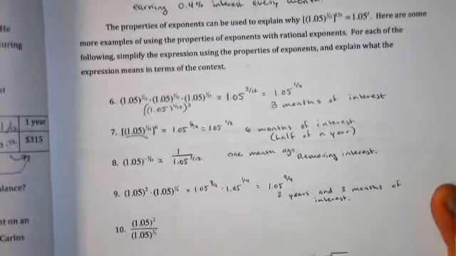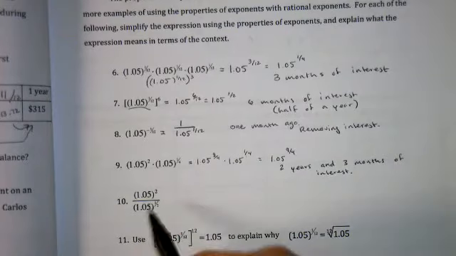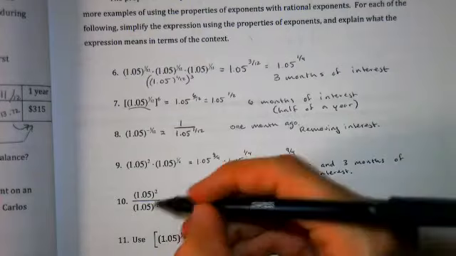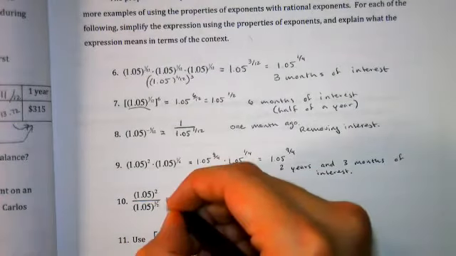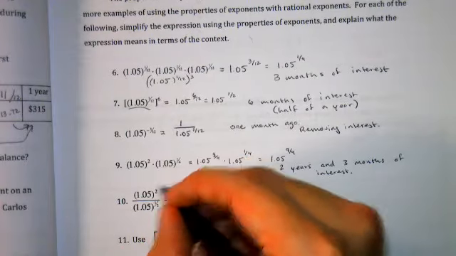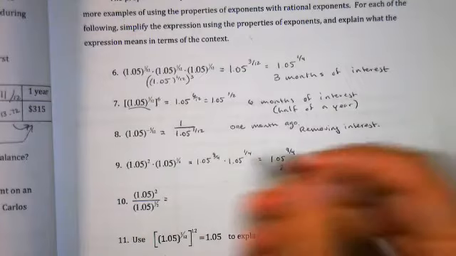Okay, let's keep going. Here we are dividing, and the rules of exponents say that when you divide, you're actually subtracting. So we have 2 take away a half. 2 take away a half is 1 1/2, or we say 3/2.